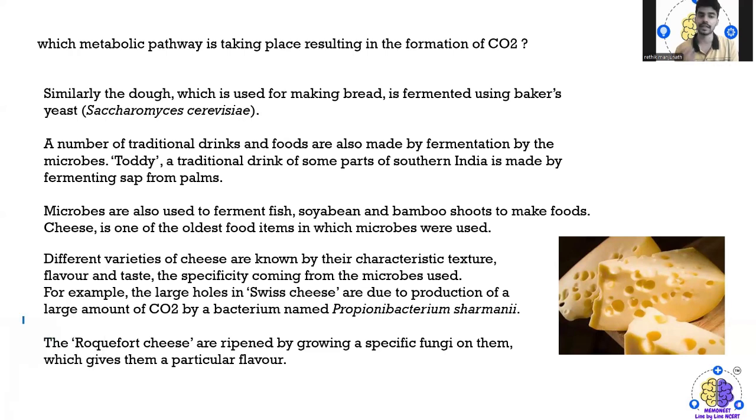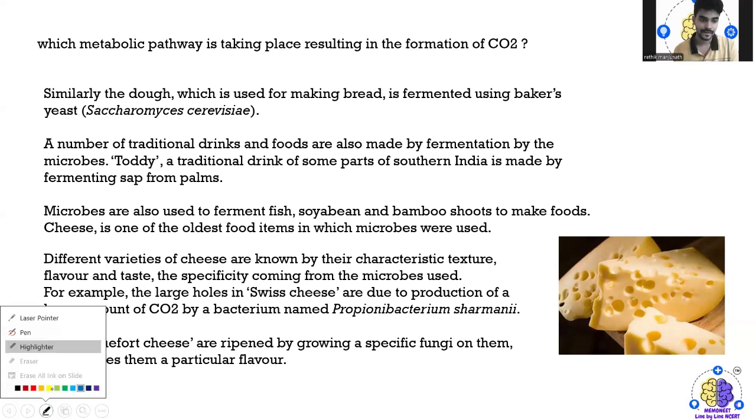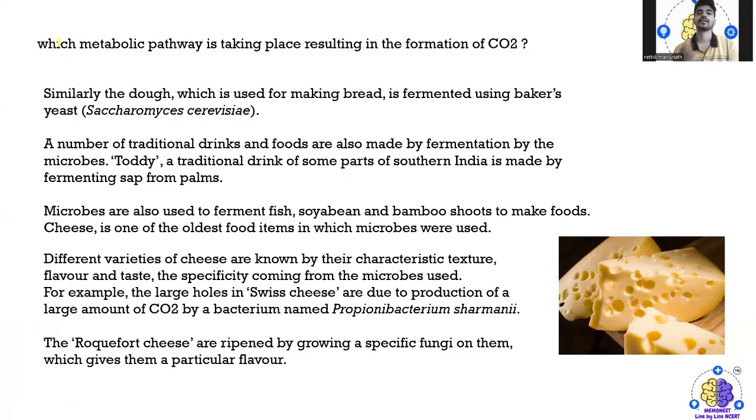There are still many applications. When I'm talking now, you need to answer me which metabolic pathway is taking place, resulting in the formation of carbon dioxide: the fermentation process, right?